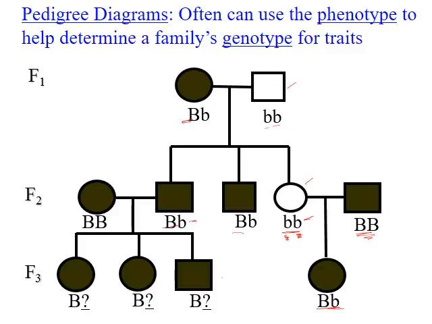These grandkids, it's a tougher thing to figure out because it could be capital B, lowercase b, or it could be capital B, capital B. Either way is a possibility for brown hair, and you wouldn't know exactly until they had kids of their own, not without doing a genetic test at least.